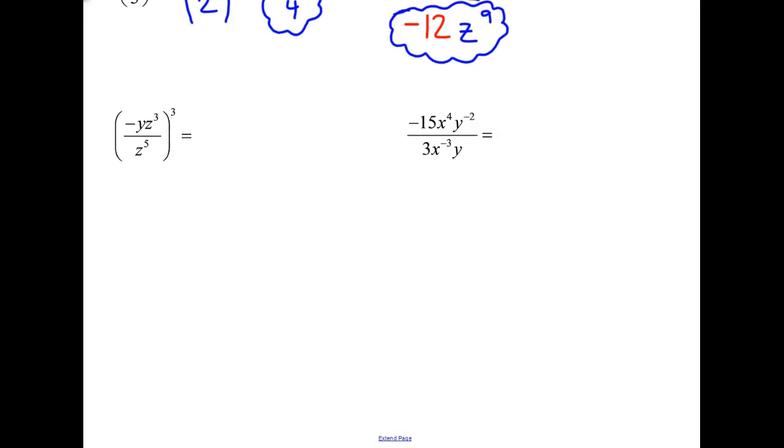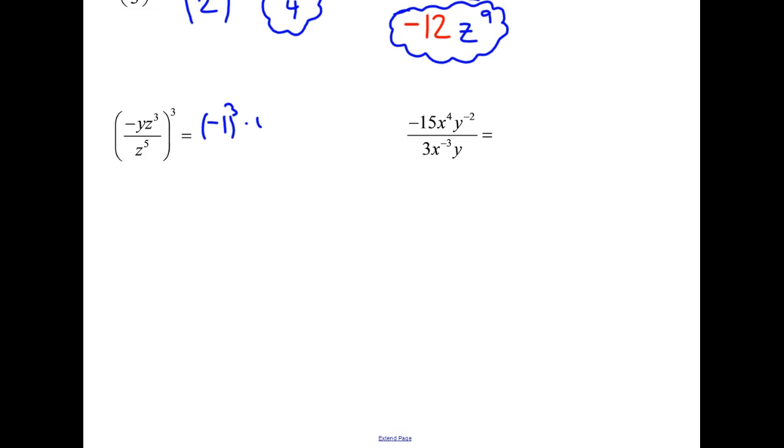Okay, moving on. Here we have a whole fraction to a power. We have powers inside our numerators and denominators. So let's go ahead and take everything to the third power. We can take the numerator to the third power and the denominator to the third power. So really we have a negative 1 to the third power, put that in parentheses there.